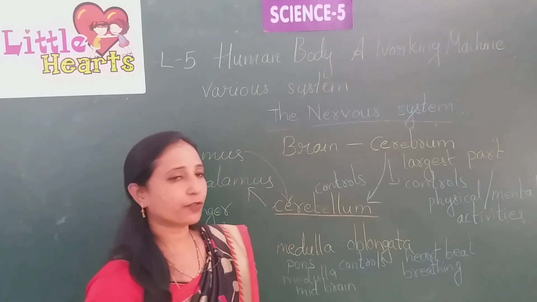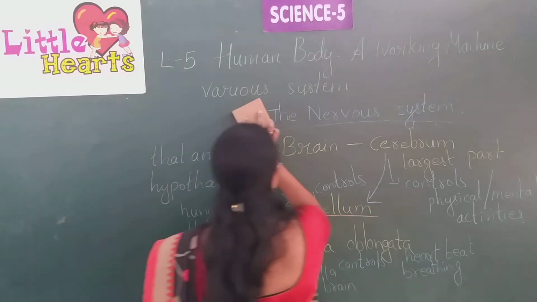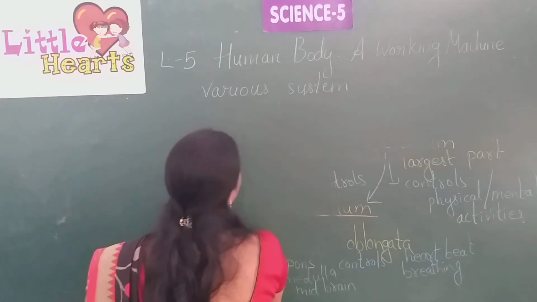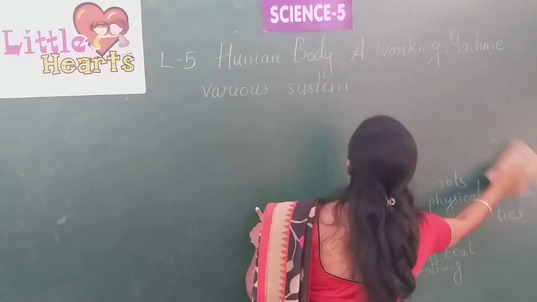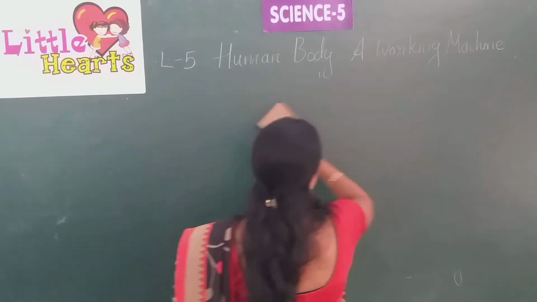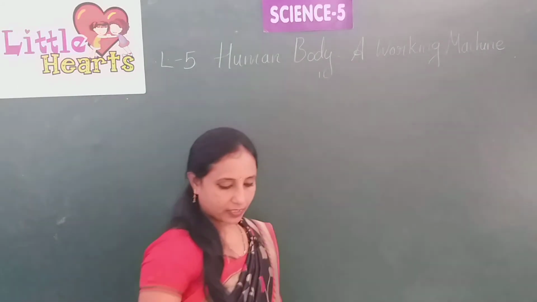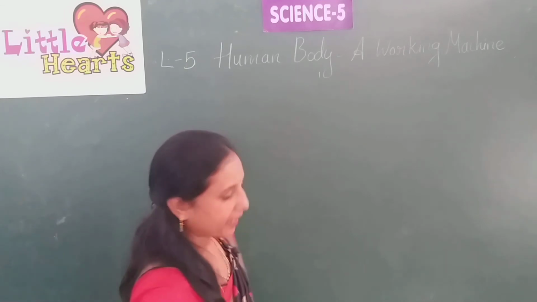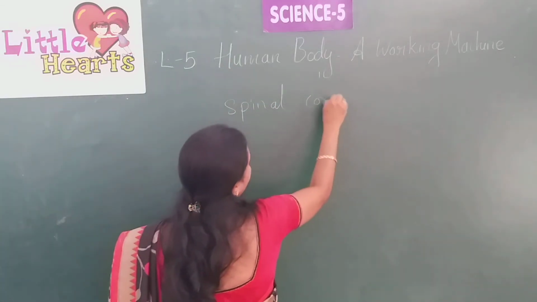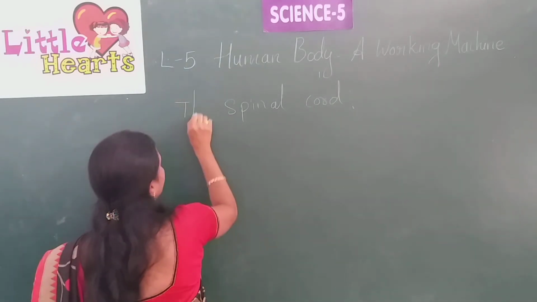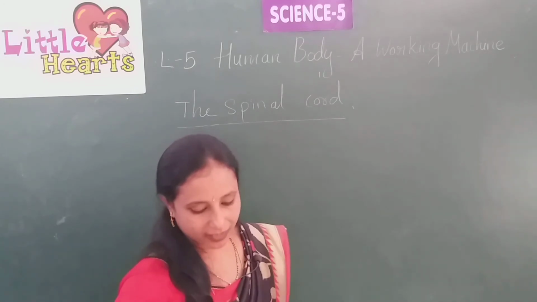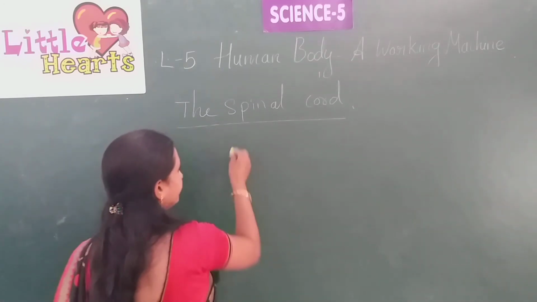Okay. And the next one is the spinal cord. Okay, the spinal cord is the largest nerve in the body.